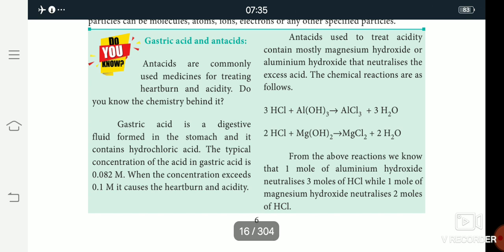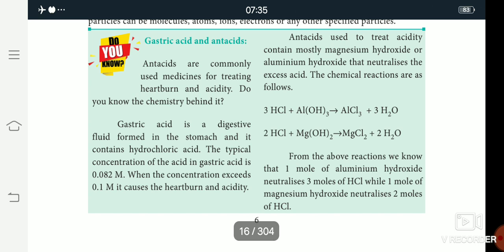This is an acid-base reaction. The acid is HCl, hydrochloric acid. H plus ions are present in the acid, and the base has OH minus, the hydroxide ion. HCl reacts with aluminum hydroxide to give aluminum chloride and water.